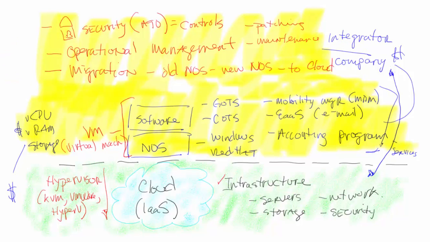And that's kind of highlighted here. Integrator, company, that's kind of highlighted right here. Whoops, the daisy got a little sloppy there, sorry. But depending upon whoever's providing your cloud, they may offer many of these additional services that do not go away just because you go to cloud. The services like security, operational management, and migration of your environment.